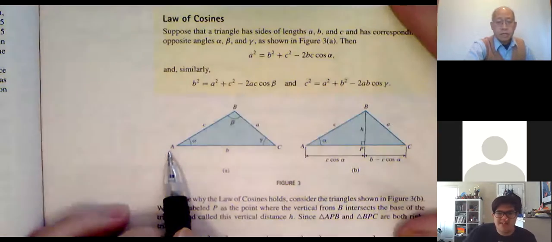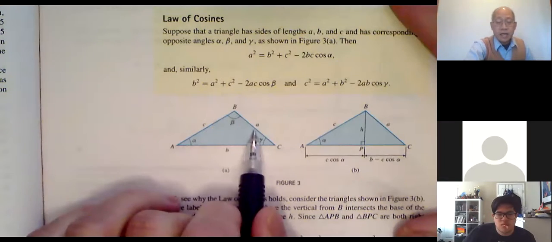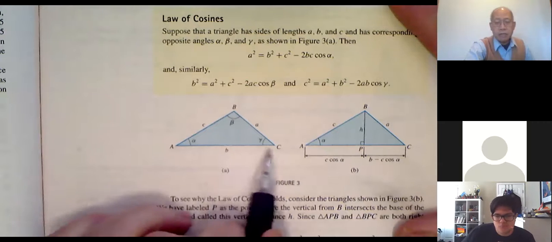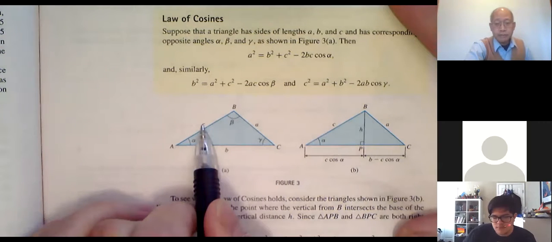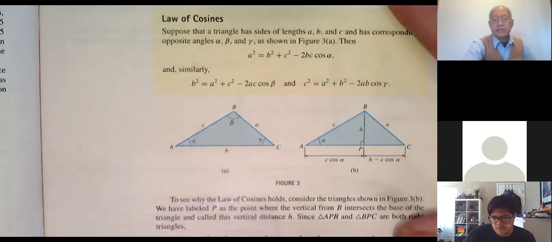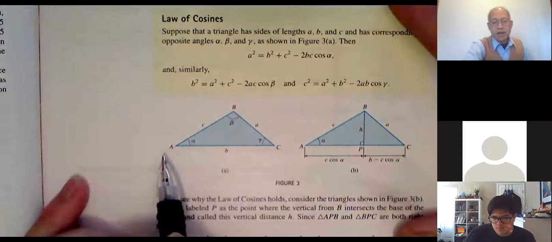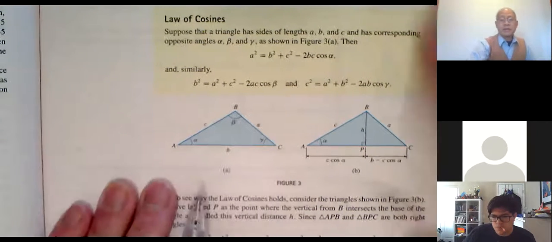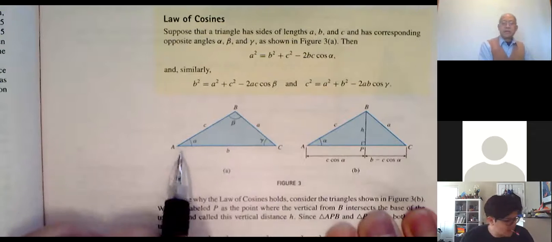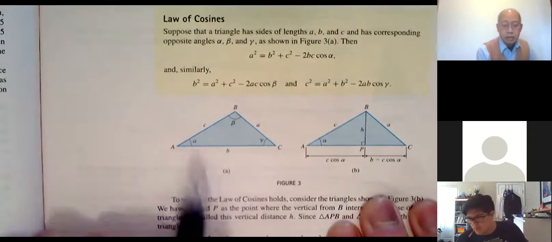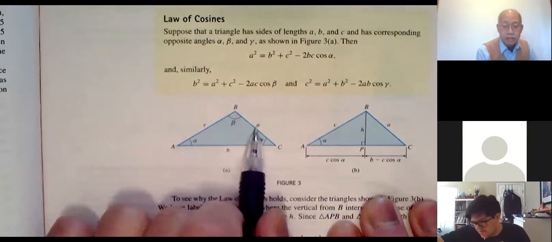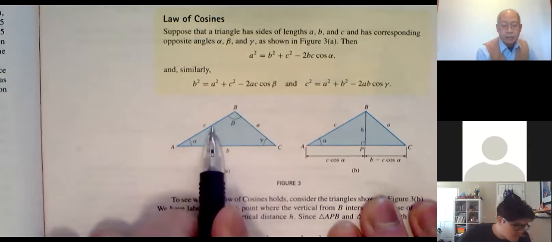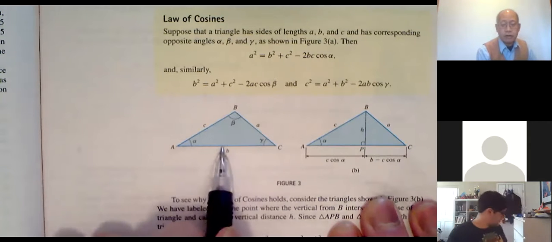So point A and side A are opposite, point B and side B are opposite, point C and side C are opposite. Alpha is opposite A, beta is opposite B, gamma is opposite C, the first three letters of the Greek alphabet.